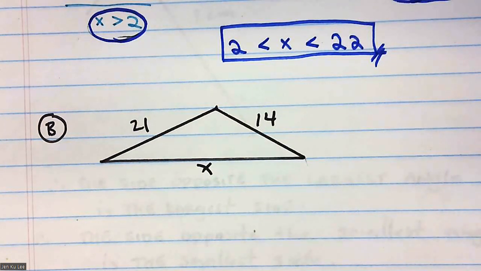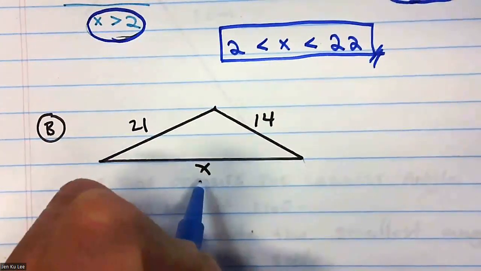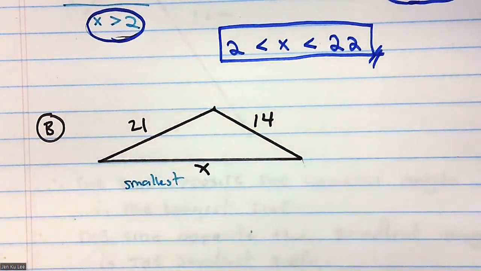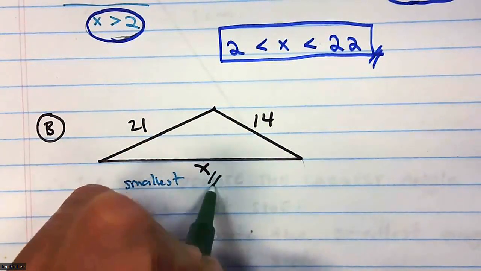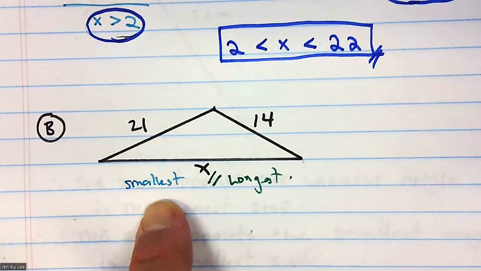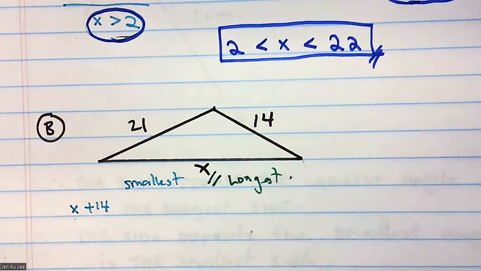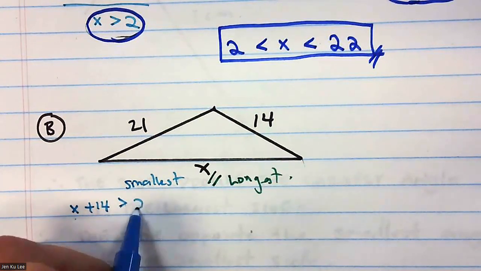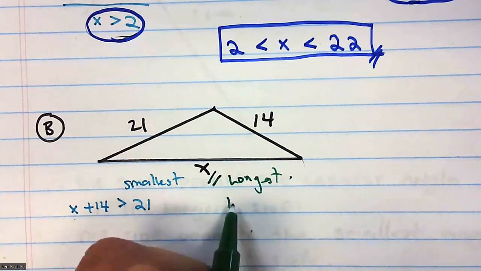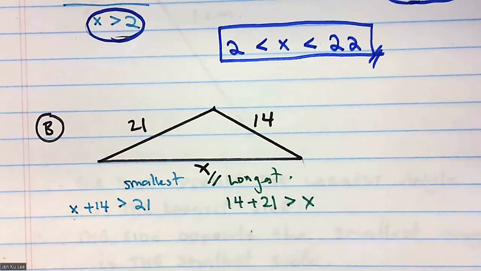Pause the video if you want to do this by yourself. x can be the smallest, and x can be the longest. If it's the smallest side, then the sum of the shorter lengths, x plus 14, must be greater than the biggest, 21. If x is the longest, then 14 plus 21 needs to be greater than x.